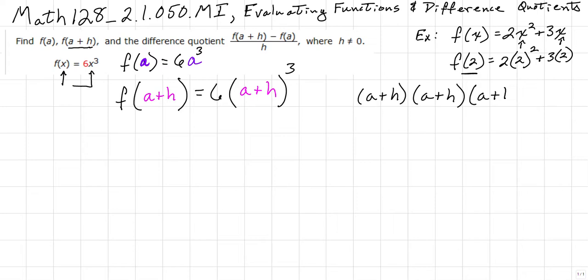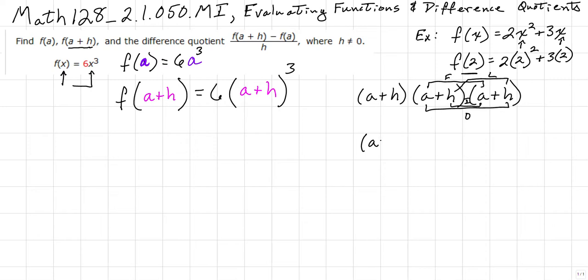There are a couple of different ways to approach this. I can actually go ahead and multiply this out. In fact, I'm going to use the FOIL method here. That's going to be first, outside, inside, last. So we'll do that.